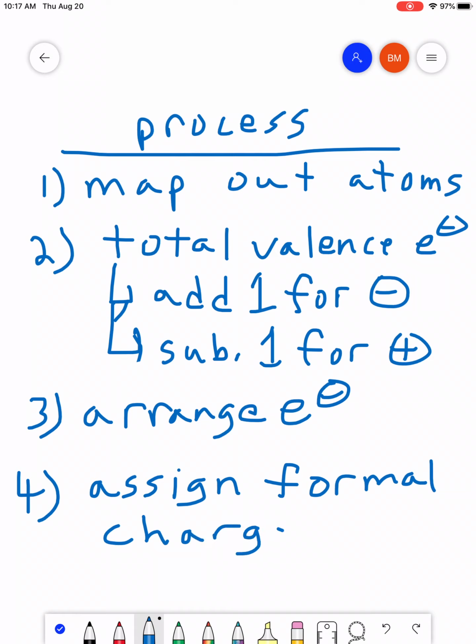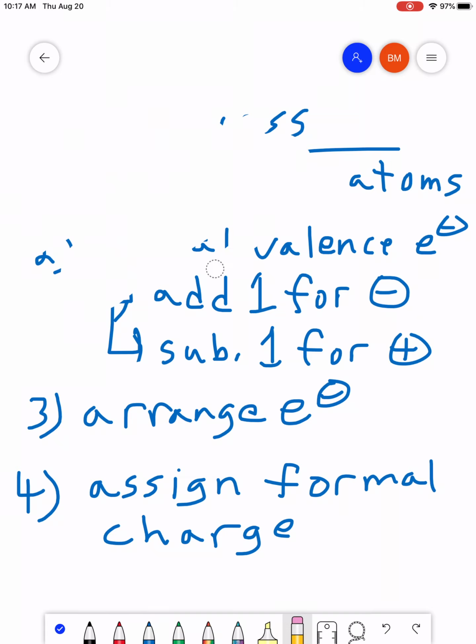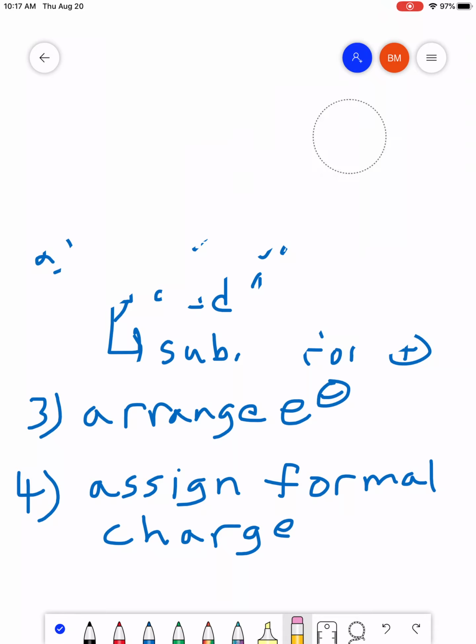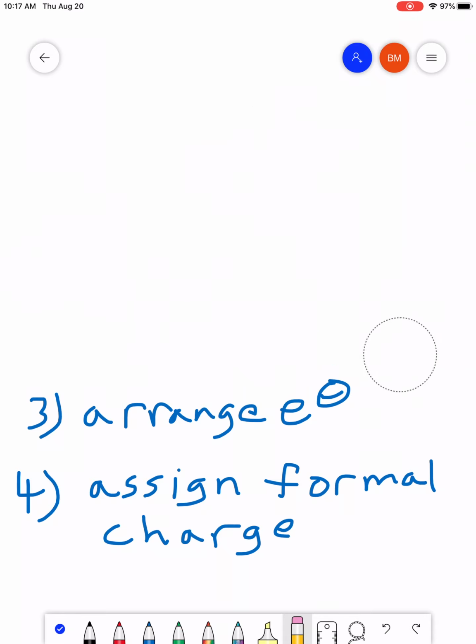A formal charge is simply the charge on an individual atom within a Lewis structure. All right. If there's no charges at all, then we would say the formal charge on an atom is going to be 0, right? But there are cases where you will have a formal charge to take into account. Let me just show you an example of the one I just did, CH3 minus. If I were to draw the structure for CH3 minus, we said that we had 8 valence electrons.